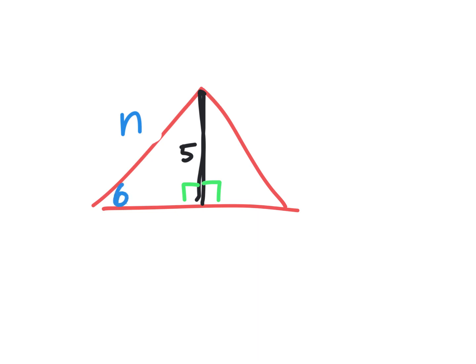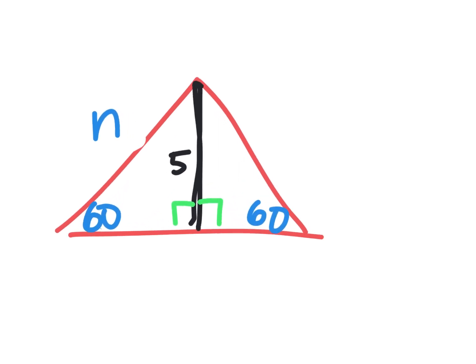And if this is a 60, 60, 60 triangle, that's got to be 60, 60, and these 2 must be 30. Do you get it? I actually have a 30, 60, 90 triangle? Okay.